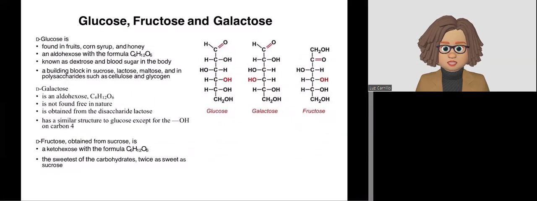Let's now proceed to talk about the most common monosaccharides that exist in the world around us, starting with glucose. Glucose, we can observe that this is its structure. It is found in fruits, in corn syrup, and it's even found in honey.